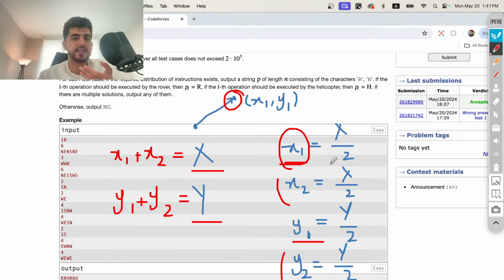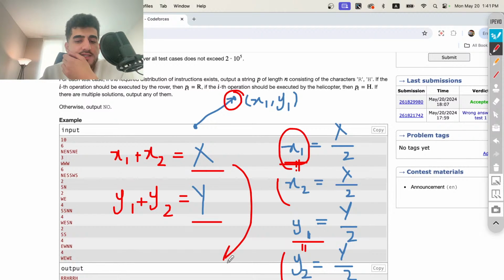And I'm just saying that at the end, if x1 is equal to x2 and y1 is equal to y2, x1 should be equal to capital X half, x2 should be equal to capital X half, y1 should be equal to capital Y half, y2 should be equal to capital Y half. So they should be equal, so capital X itself should be even. So the first fact that we said is that these two values are both even.